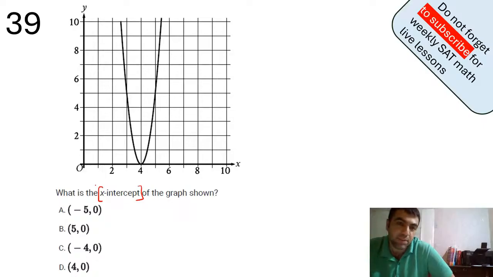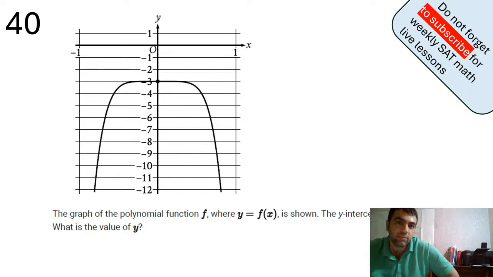It is D. Yes, x-intercept means the intersection point with the x-axis, and the y-coordinate of the x-intercept is always 0, and the x-coordinate is 4, as you see from the graph. It is D. Next question.